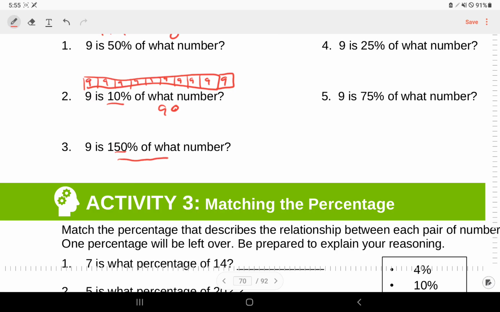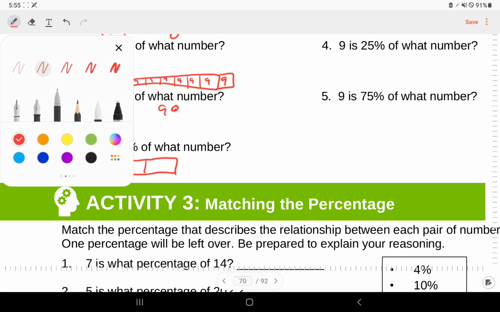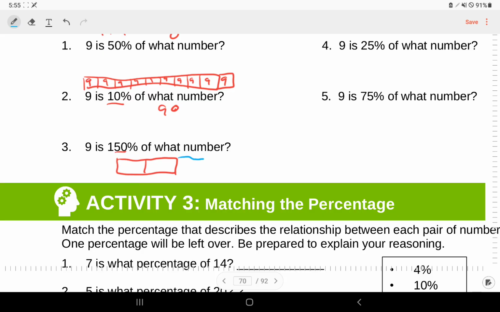We know it started out as 50 and 50, and another 50% equaled 9. And so what we're asking is, what goes in each of these to be 9? So 9 divided by 3. Well, that's 3. 3 plus 3 plus 3.